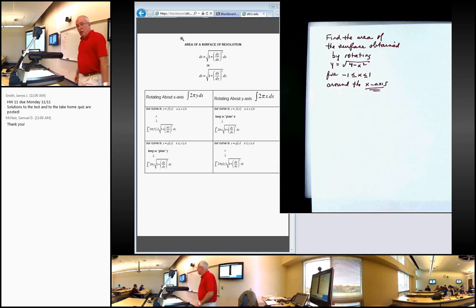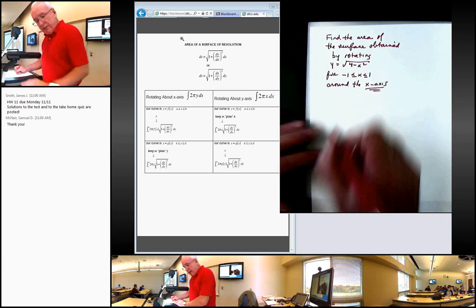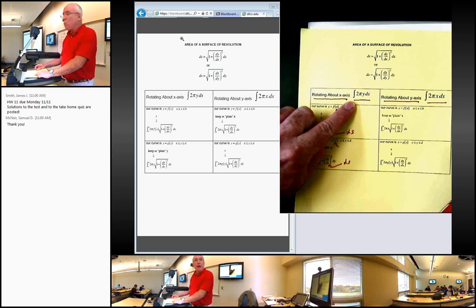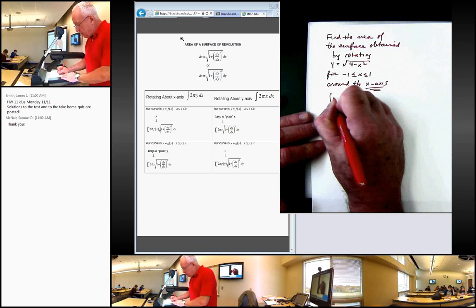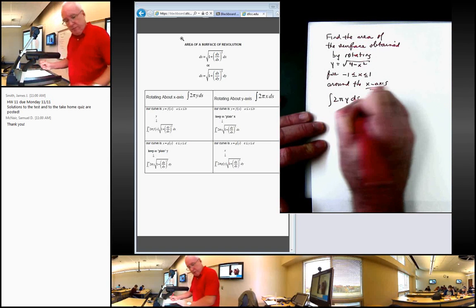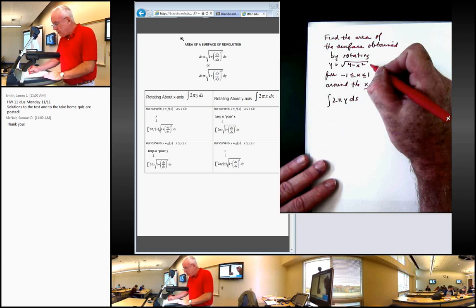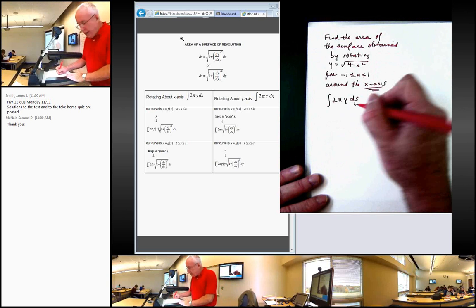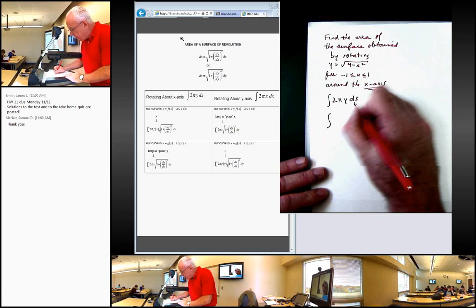All right. So the general formula that we're going to use, because we're rotating it around the x-axis, is the one listed here, 2 pi y ds. So we're going to have the integral of 2 pi y ds. Since it is y in terms of x, we're going to use this formula for the ds.